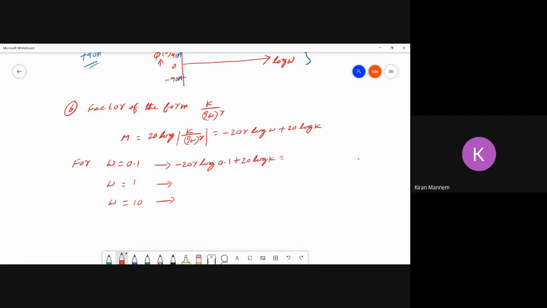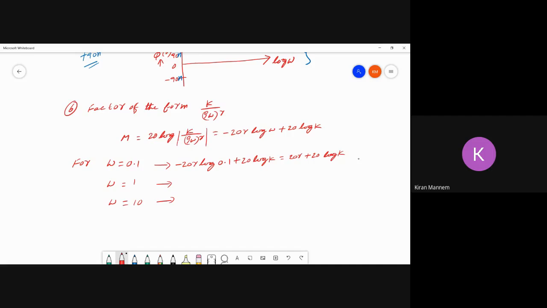It is 0.1 again, so it will be plus 20r plus 20 log k.